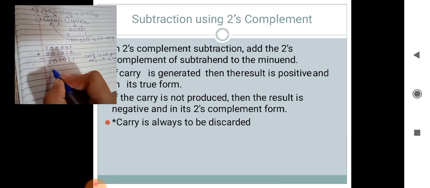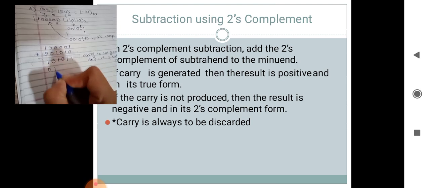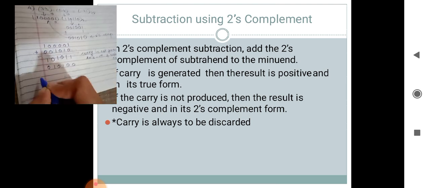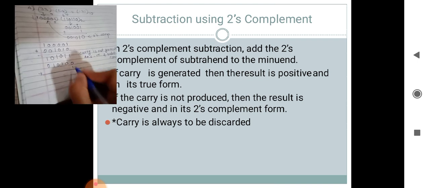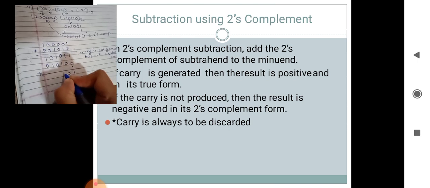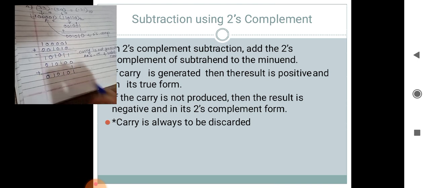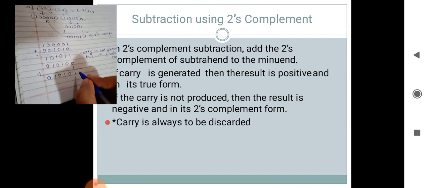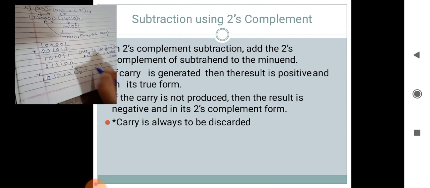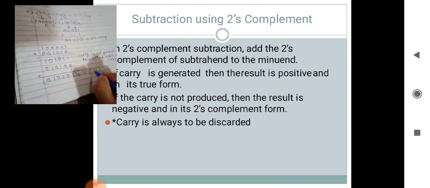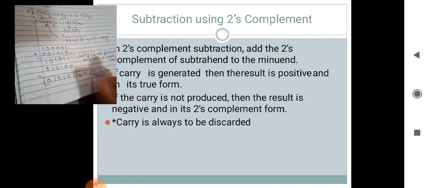So first take the 1's complement of the answer, that means 0 1 0 1 0 0. Add 1 to it. This will give you the 2's complement of the answer. 0 plus 1 is 1, then 0 1 0 1, and the rest of the bits as they are. This is equivalent to 21 in decimal, but since carry is not generated, we consider the answer negative.